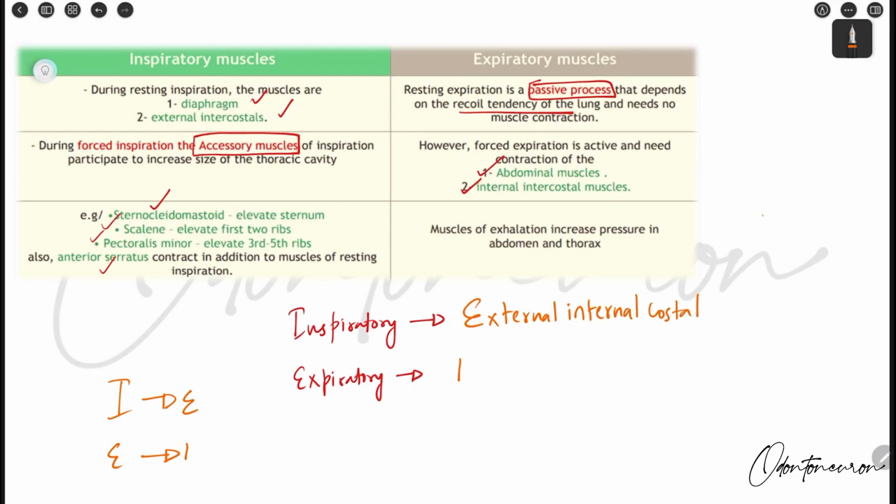When it comes to expiratory, it's internal intercostal muscles. One more muscle which you have to remember: with external intercostal, it is your diaphragm, and with internal intercostal, it is your abdominal muscle. Clear?